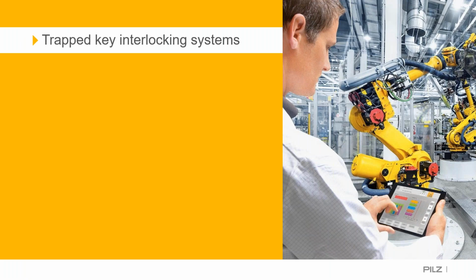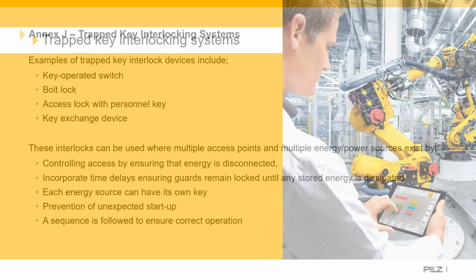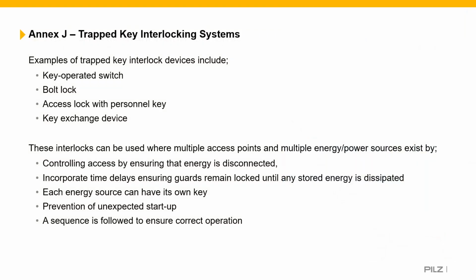The final part really is the last annex that's been put in, and this is the section on trapped key interlocking systems. So we've all known and used these for a while, and there are various issues we have associated with these.